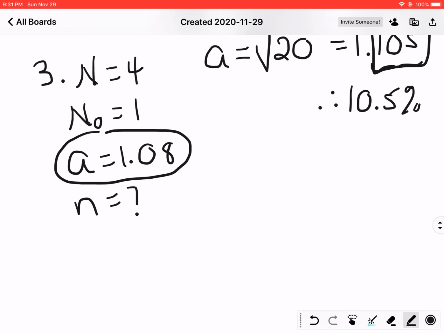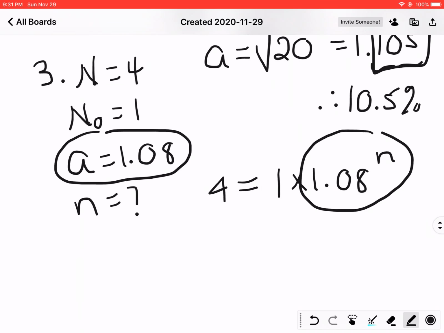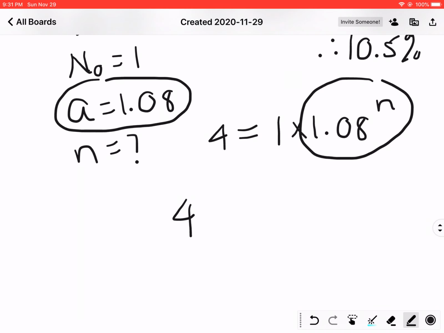Anyhow, we have 4 equals 1 times 1.08 to the exponent n. This is a 1, so we don't have to do anything with it. If it was another number, we'd have to divide both sides by that because we want to isolate this. So right now, we have 4 equals 1.08 to the exponent n.